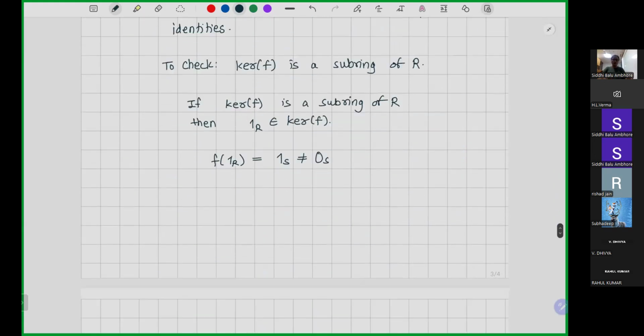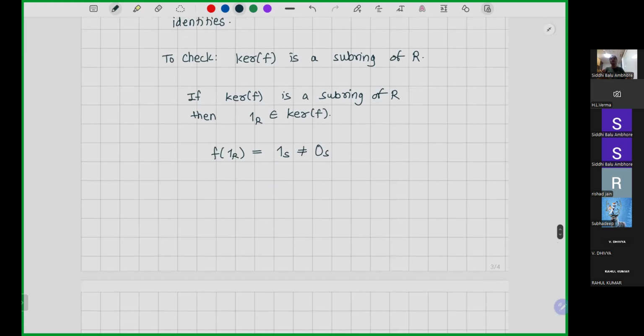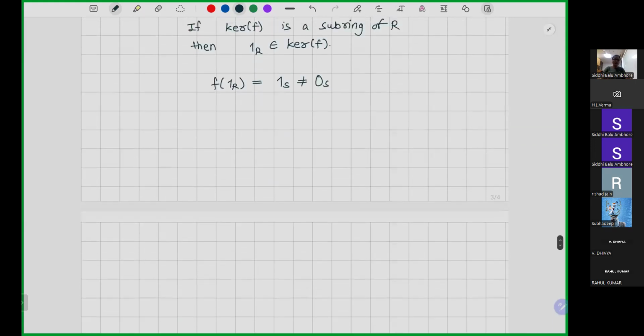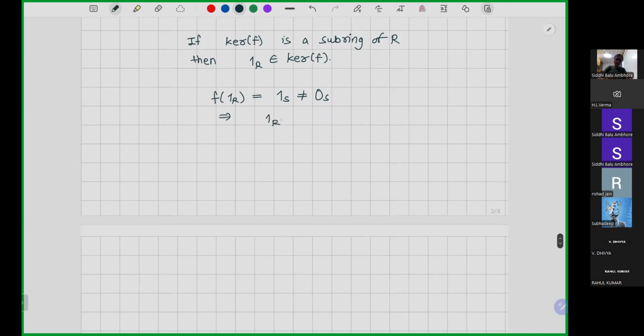So in general, 1S need not be equal to 0S. For example, consider Z itself. In that case, 1S is not equal to 0S. So therefore, this 1R actually doesn't belong to my kernel F. So therefore, this kernel F cannot be a subring of R.